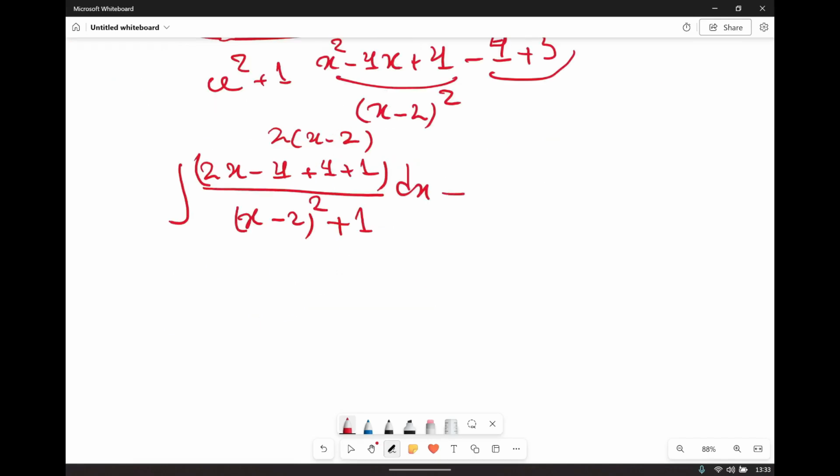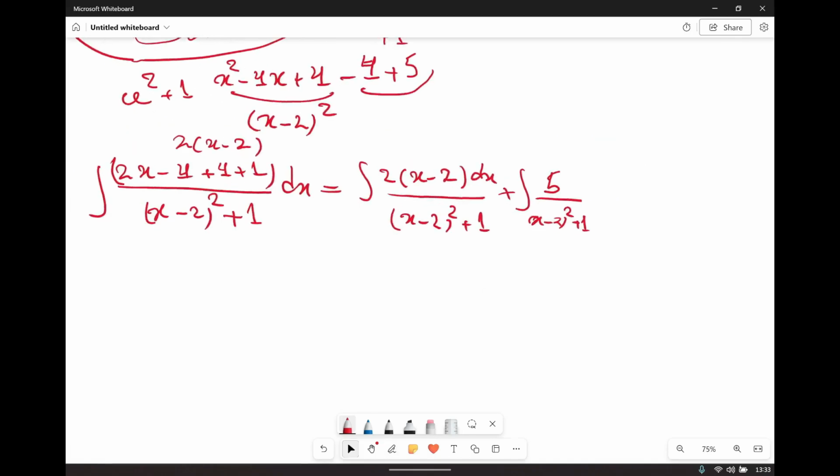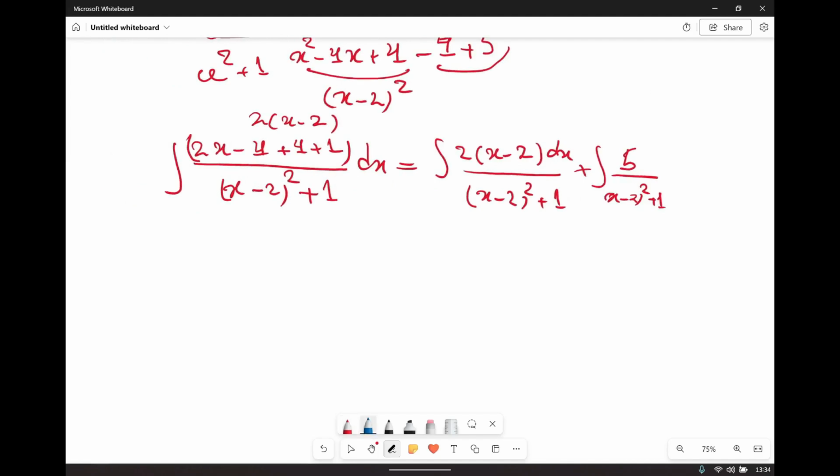Okay, if I factor it here, it is integration of 2 times x minus 2 dx, and immediately I split it into both parts: 5 divided by x minus 2 power 2 plus 1, plus 1 divided by x minus 2 power 2 plus 1. Okay, right now I must calculate every part of this.